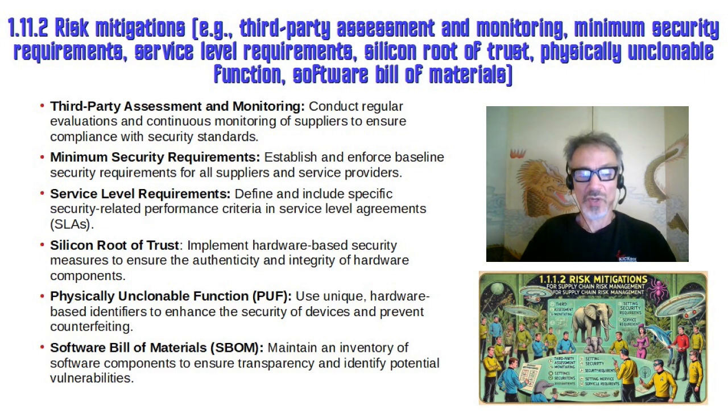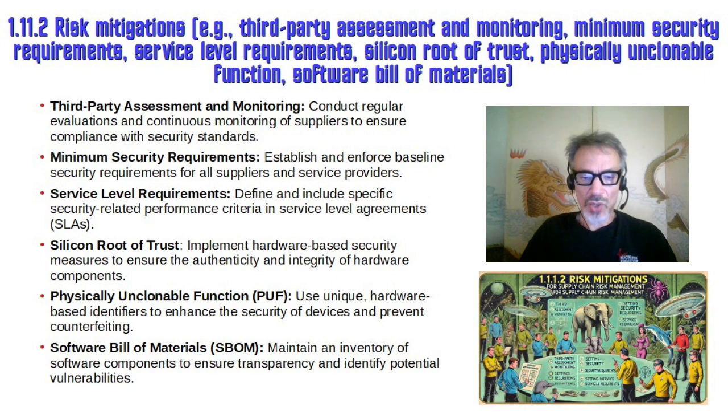4. Silicon root of trust. Implement hardware-based security measures to ensure the authenticity and integrity of hardware components. This technology provides a foundation for trusted computing by establishing a chain of trust from the hardware level up. 5. Physically unclonable function, or PUF.